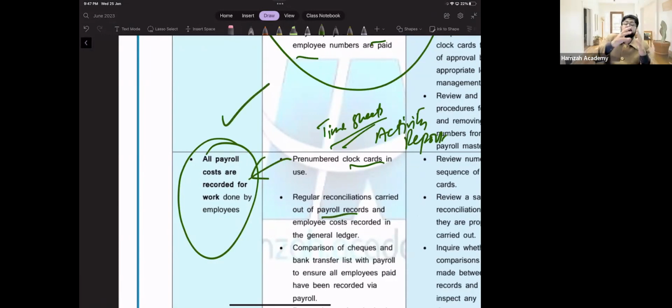What is the employee detail in payroll and what is the cost recorded in financial statement? Both should be reconciled. Employees cost and payroll record reconcile, so that the cost is recorded correctly for all employees, valid employees or not.